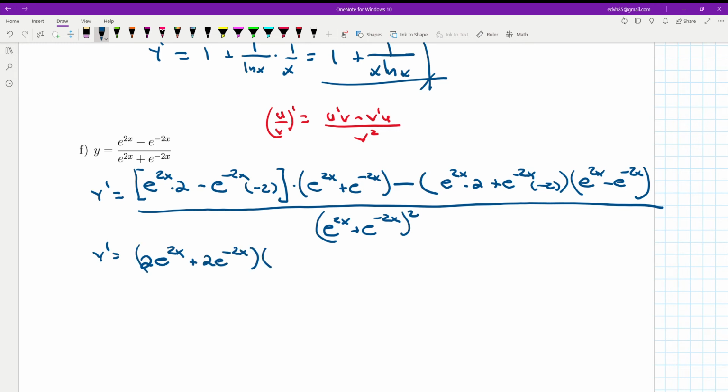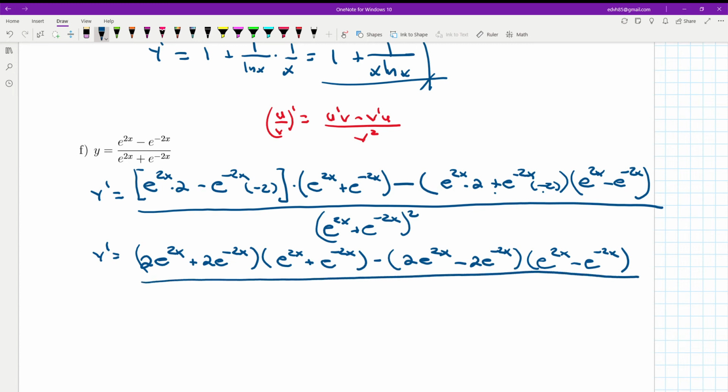That times e to the 2x plus e to the negative 2x, minus, in this case, 2e to the 2x minus 2e to the negative 2x, because plus times a minus is a minus, and that times e to the 2x minus e to the negative 2x. Alright, so it looks like this one will require a little bit of foiling. So let's go ahead and do all this.